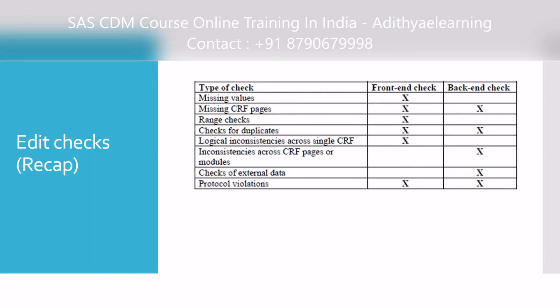Then duplicate checks you sometimes need to check, because for example fever could be both front end and back end. Subject ID could be front end: if they enter 001 again by mistake, it will immediately tell them.